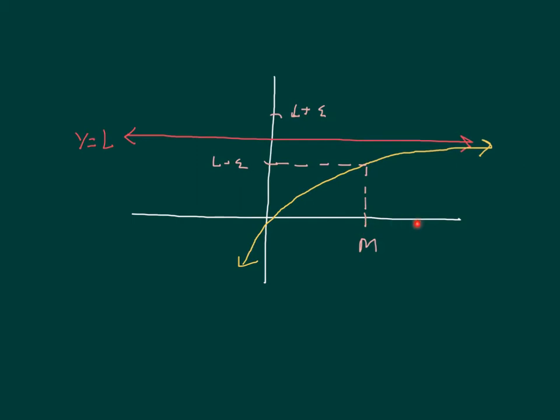If I put in any value for x that's bigger than m, so anything over here, I'm going to get a function value that falls between L and L minus epsilon. As I keep moving, I can make epsilon smaller, come across, come down, and I would get an even bigger m. But as long as I put in numbers bigger than that, I will always be within epsilon units of L.